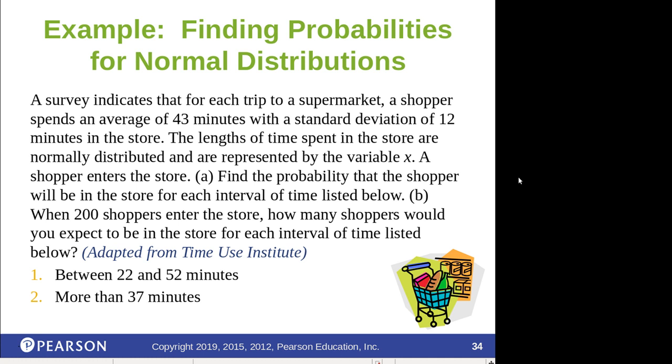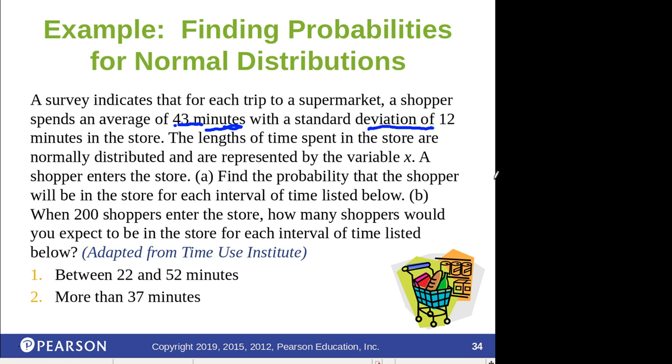So one of the things we're doing now, and this problem, is we have a measurement of something. We have measured this idea that for each trip to a supermarket, a shopper spends an average of 43 minutes. Some average was made out of data.